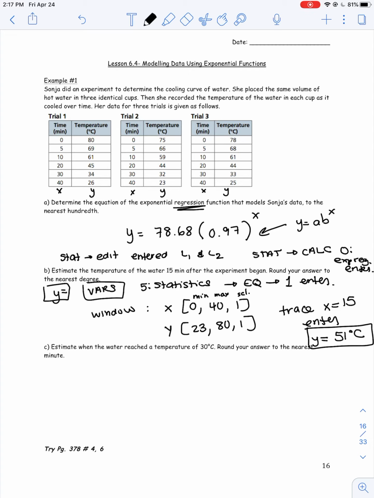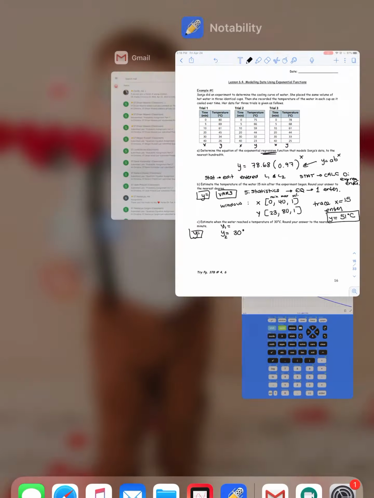Now in C, they want us to estimate when the water reaches a temperature of 30 degrees Celsius. Round your answer to the nearest minute. Okay, so for 30 degrees, that is giving us a y value. So when y is 30 degrees, you're going to enter that as y2 because our equation should be y1. So you're going to start by pressing y equals, and our equation in y equals should have been that long thing.